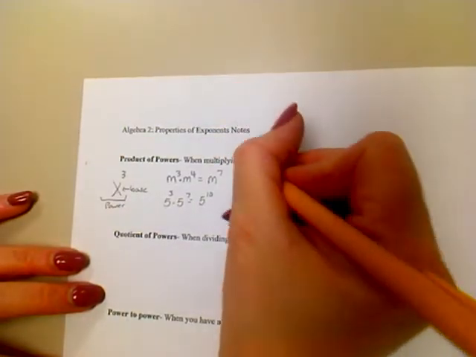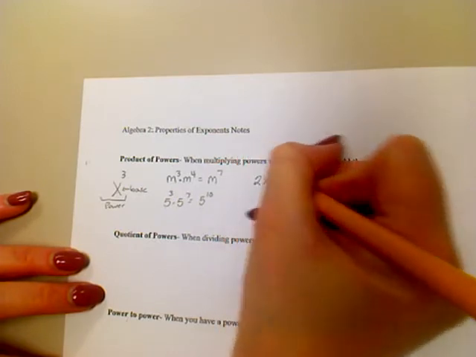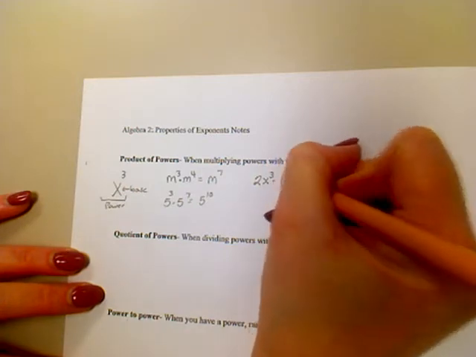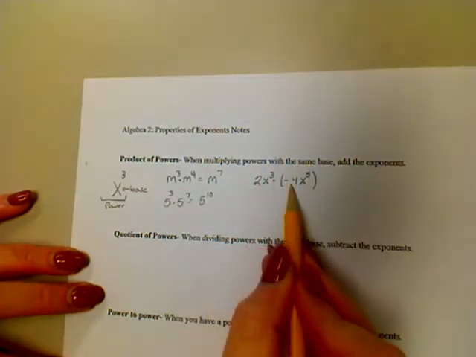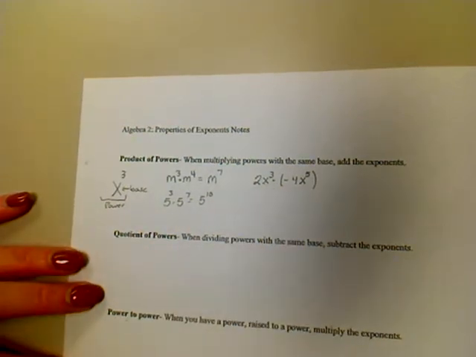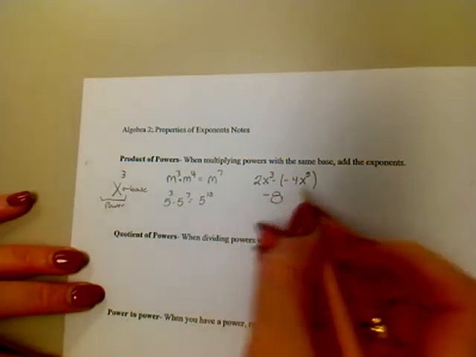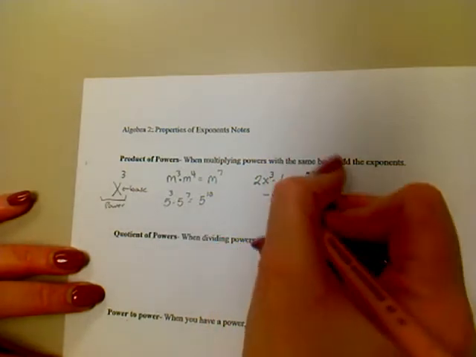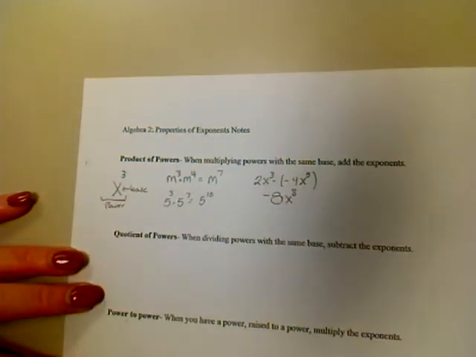So if I give you this problem, 2x to the third times negative 4x to the fifth, you multiply your coefficients. So 2 times negative 4 is negative 8. And then you add the exponents, so that becomes x to the 8th.